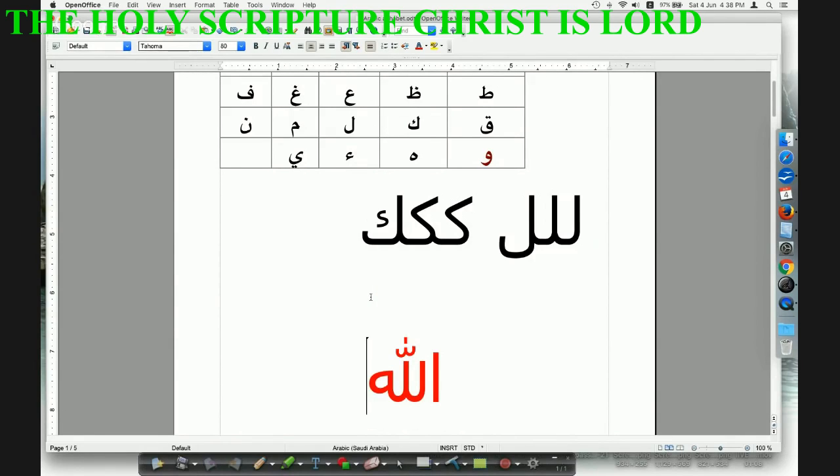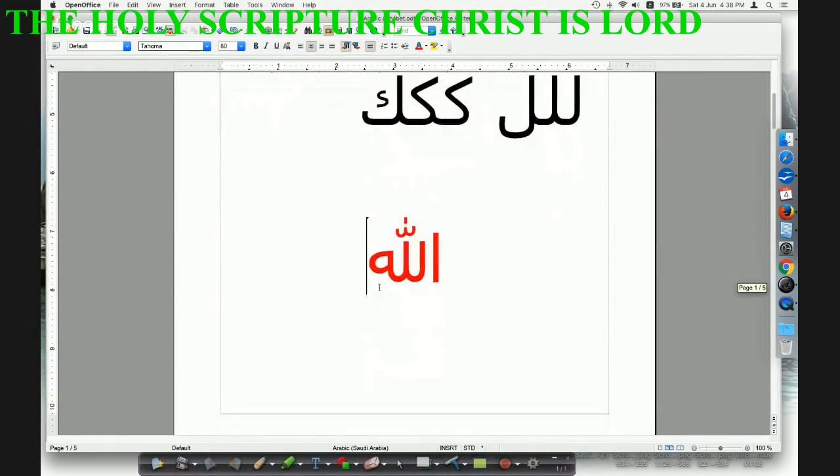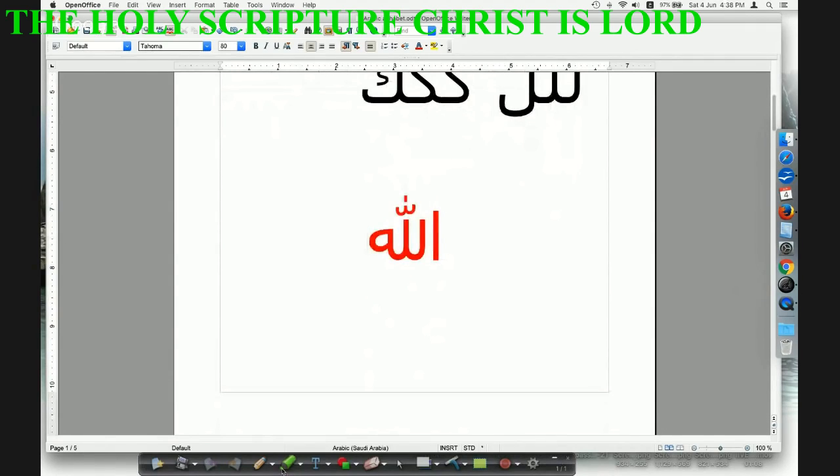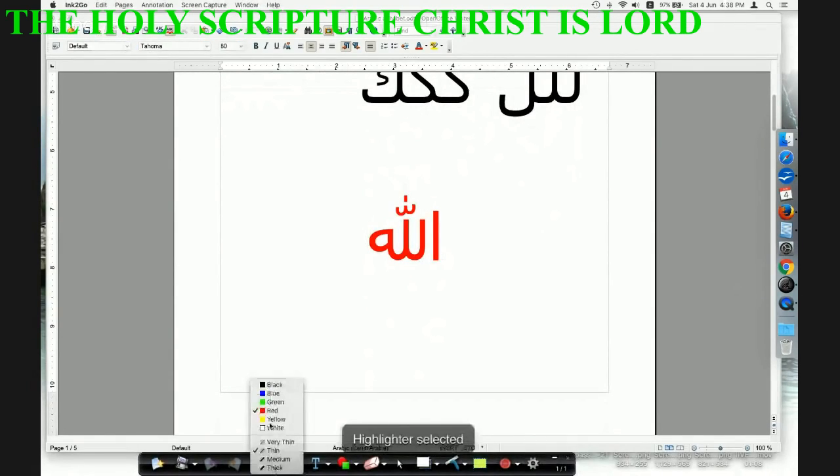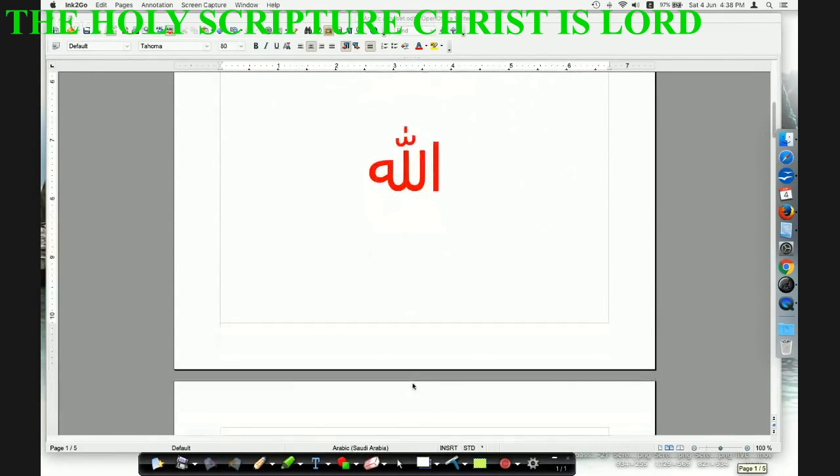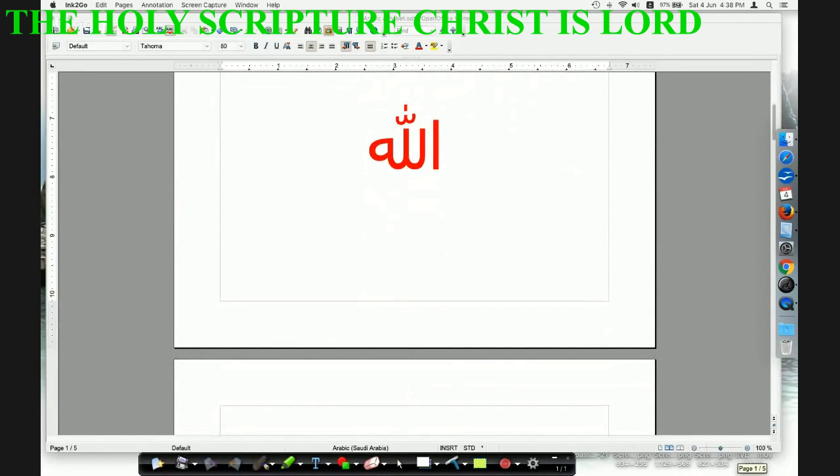Let us go here. So this is the letter A in the beginning. This is the letter A, Alif. Oops, my writing is not coming out right.